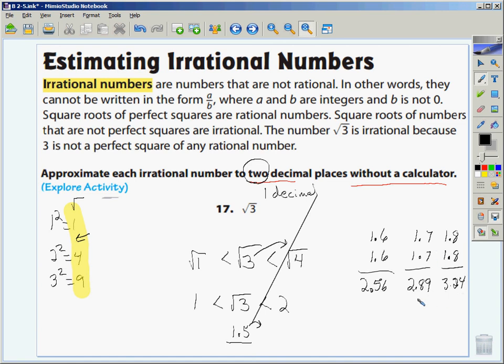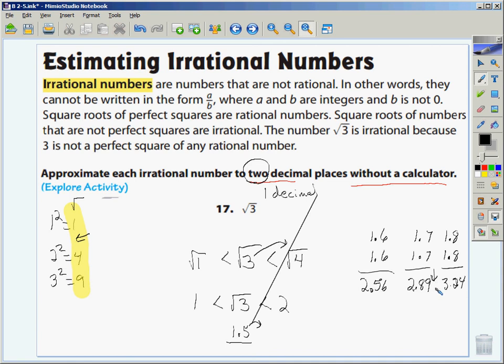So now you can see that this 3 is in between these two. And is 3 closer to 2.89, which would be 0.11 away, or is it closer to 3.24? It's closer to 2.89.